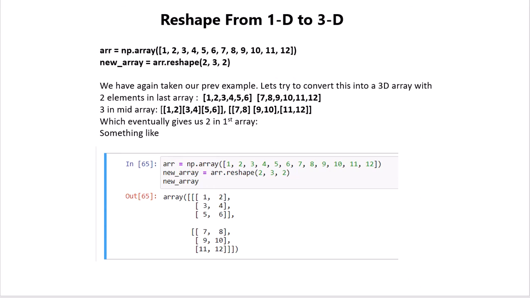Otherwise, it is very easy to understand once you know it. The second or the middle array contains 3 elements, and the last dimension contains 2 elements. When we are saying last dimension, we know we are talking about a unidimensional array, that we are sure of when we are reshaping it.